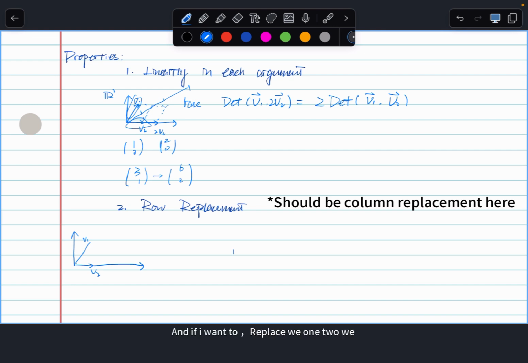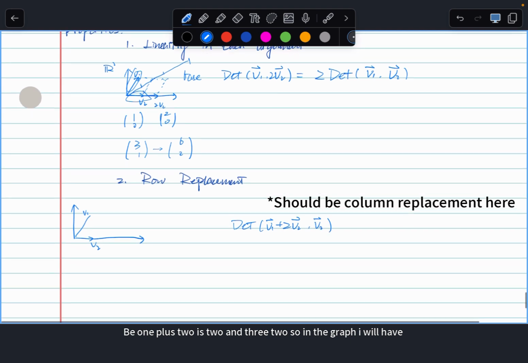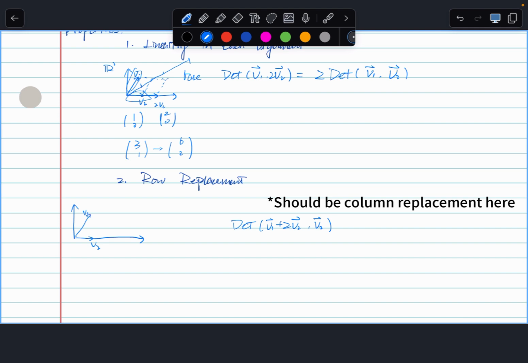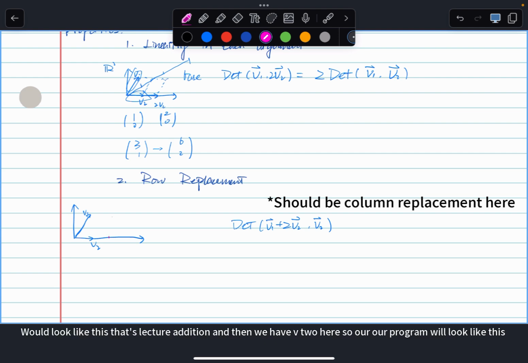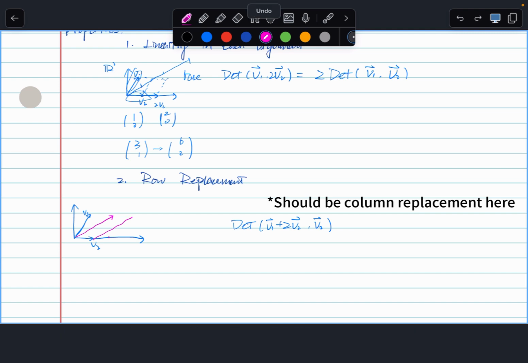And if I want to replace v1 with v1 plus 2v2, so determinant of v1 plus 2v2 and v2. So in the graph, v1 plus 2v2 will look like this. That's vector addition. And then we have v2 here. So our parallelogram will look like this.